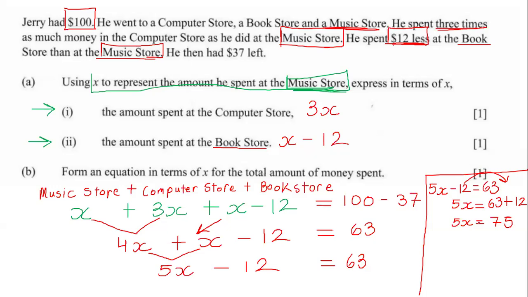And so what are we going to do at this point? Divide by 5. Divide both sides by 5.